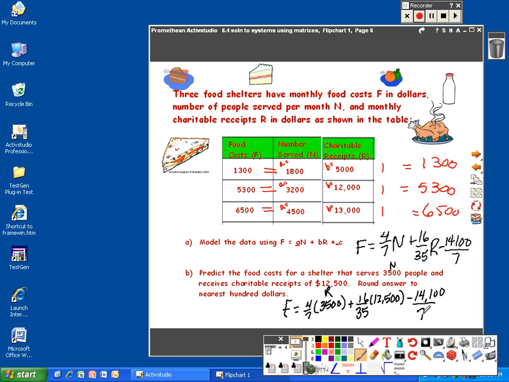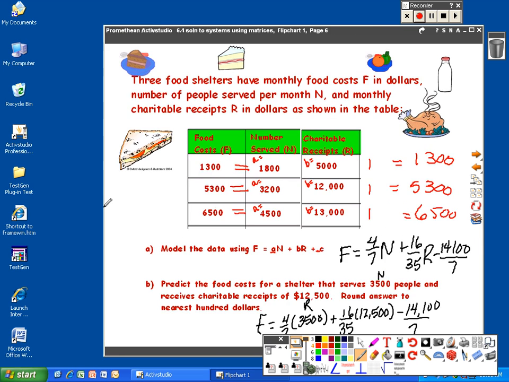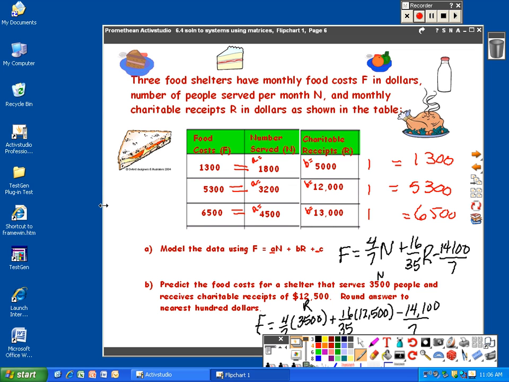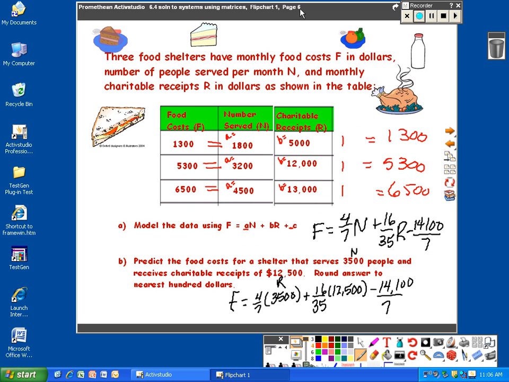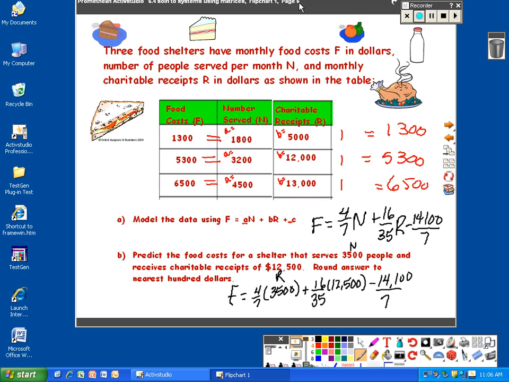And put that in your calculator. What do we get for an approximation of F? $214.29 is what it should cost me to serve 3,500 people.